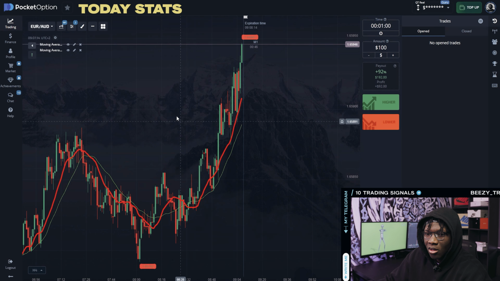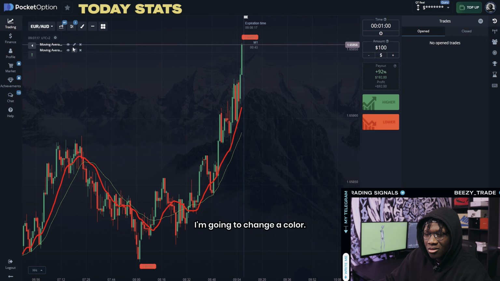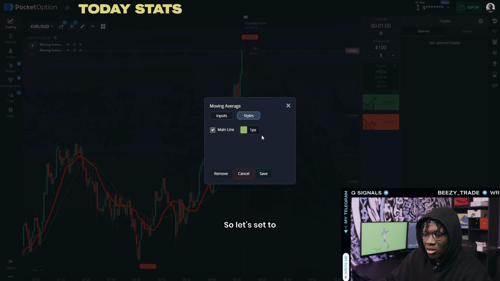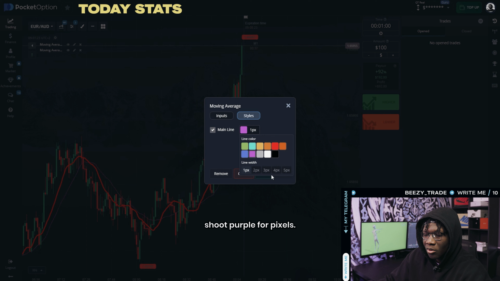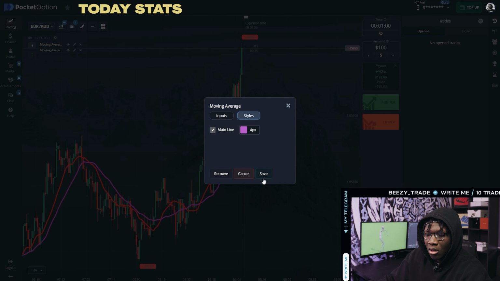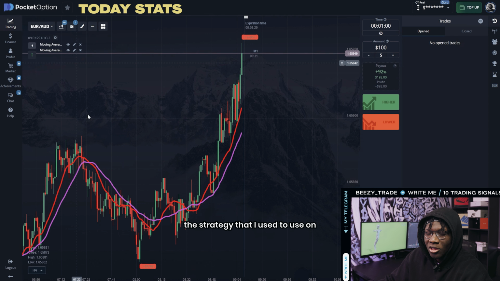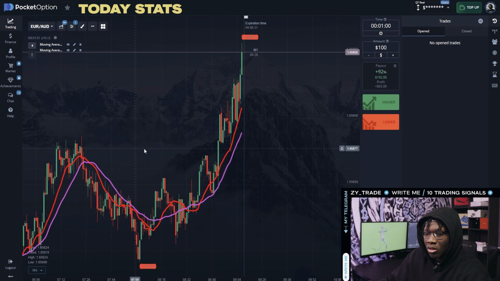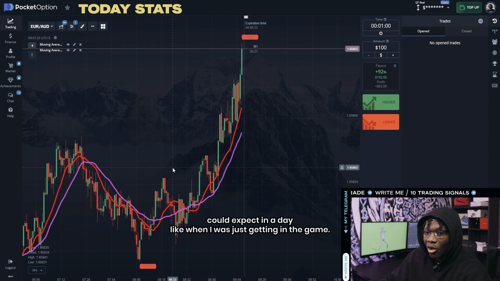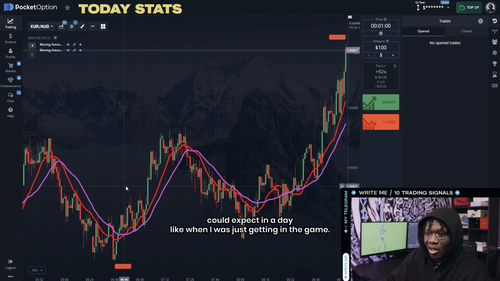Save. Let's change that color to purple, 4 pixels. This is the strategy that I used to use on Codex back in the day, when I was just getting in the game.